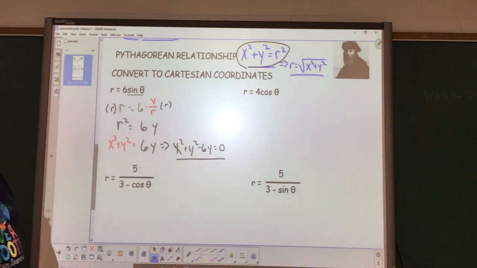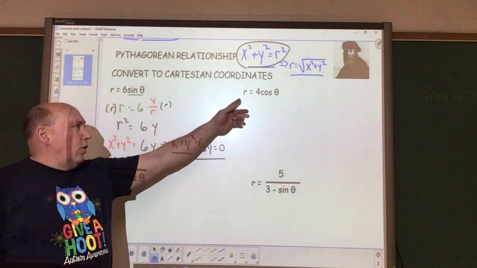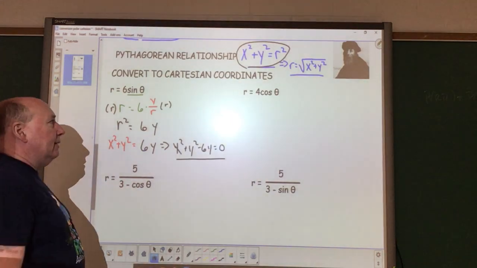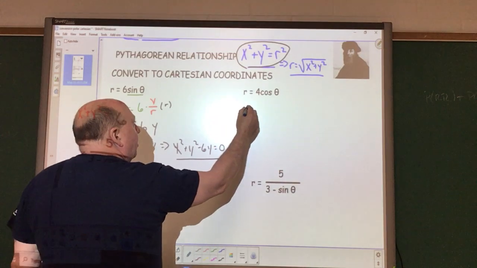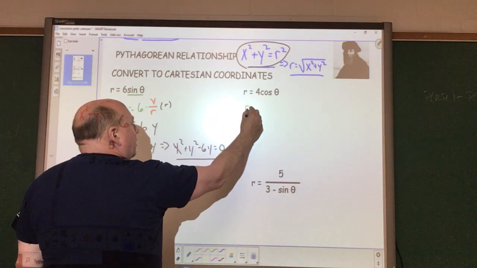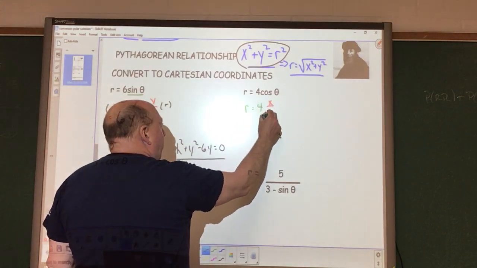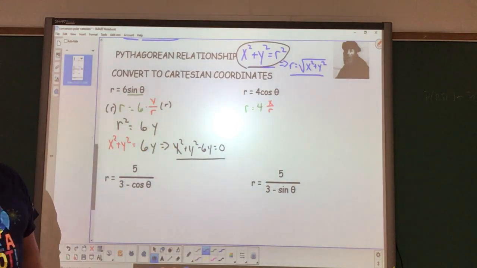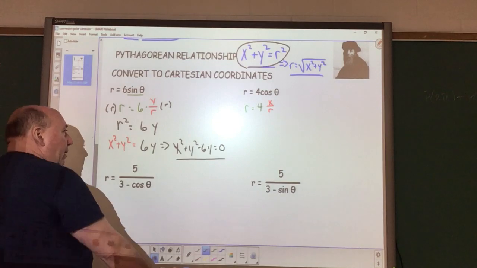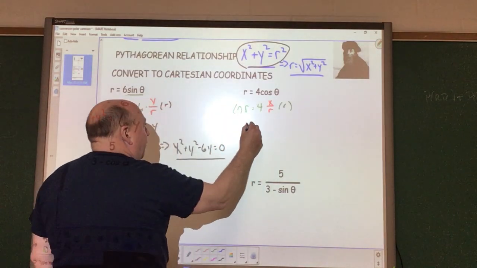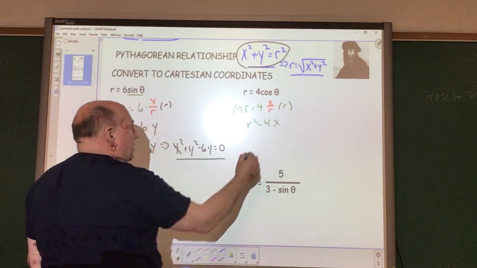If we follow the same method up here with r equals 4 cosine of theta, we have, let's see, r is equal to 4 times the cosine, which is x over r. And we can multiply both sides by my value of r once again. So we have r squared is equal to 4x.